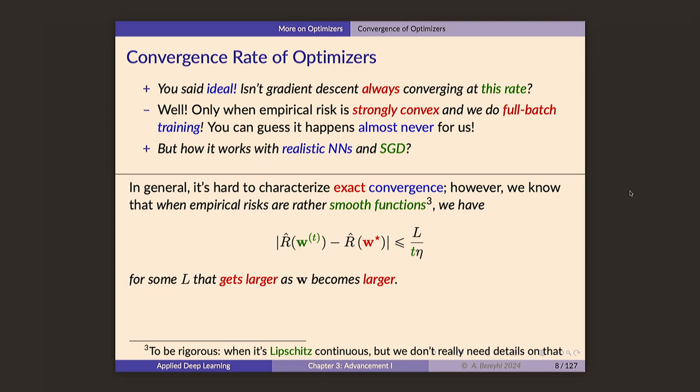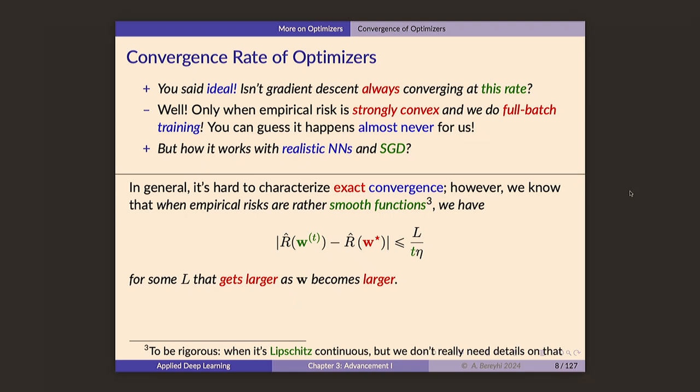If you change one weight, it's not going from -100 to +100 immediately, which is what happens in practice. When you change your weights inside your neural network, your empirical risk is not changing crazily. So it's a kind of smooth function of your weights, but there is no guarantee that this is convex. It's definitely non-convex in practice.